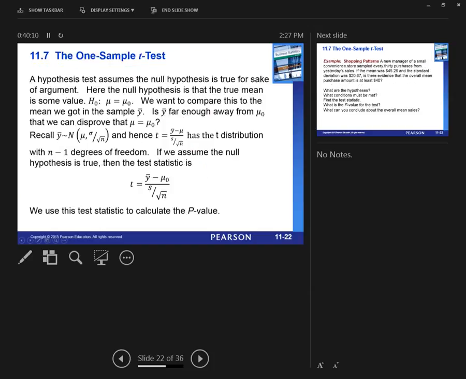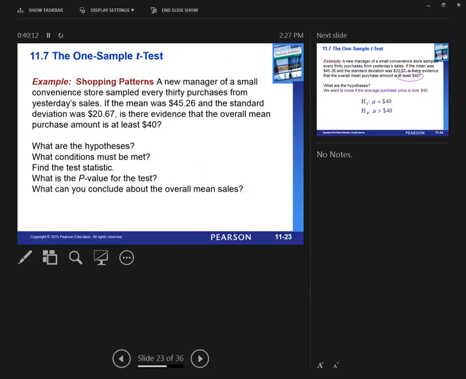All right, so let's look at my example. I have a new manager of a small convenience store. They sampled every 30th purchase. That is called a systematic sample, from yesterday's sales. The mean purchase was $45.26, and the standard deviation was $20.67. Is that enough evidence?